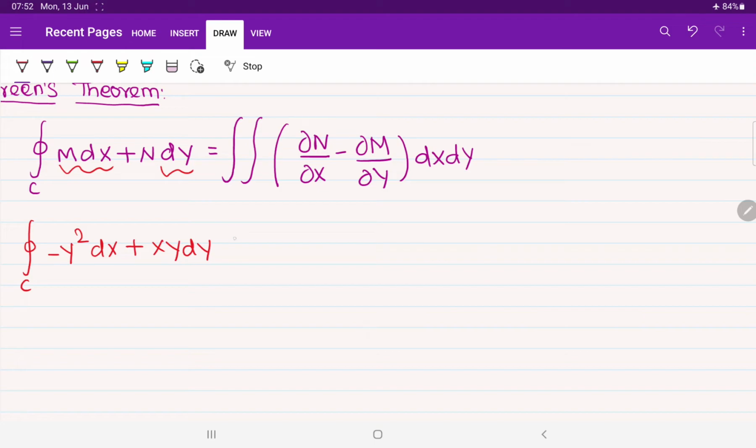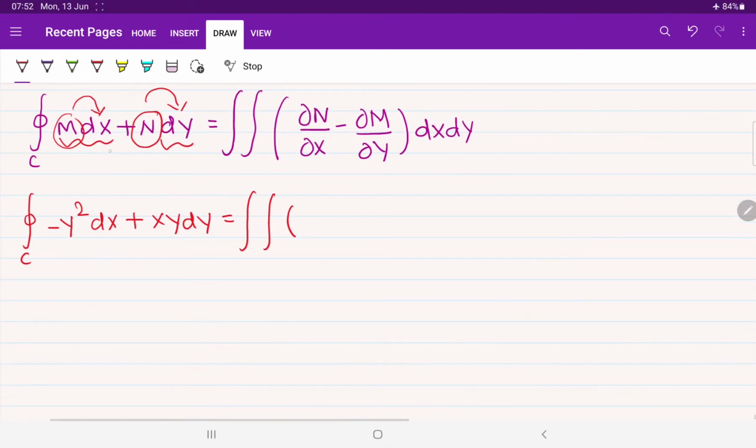Now we are going to convert it into double integral format. M is there with the dx, n is there with the dy. If you compare this with the standard expression, from this I can say the value of m is minus y square, and from here the value of n is x into y.